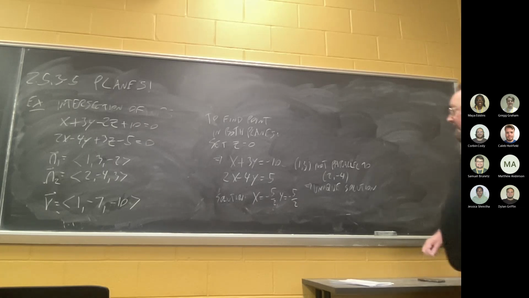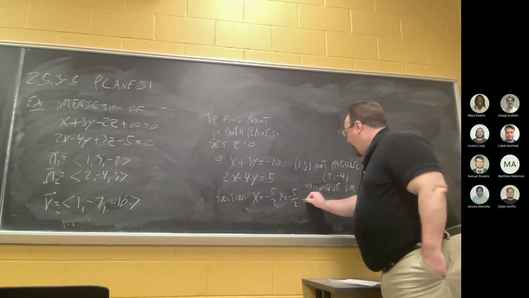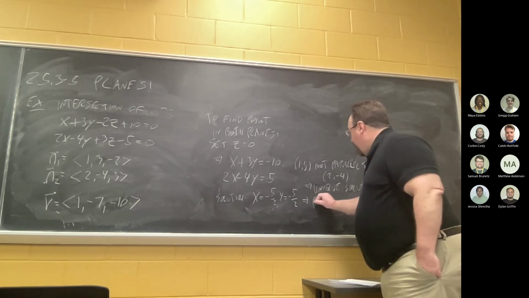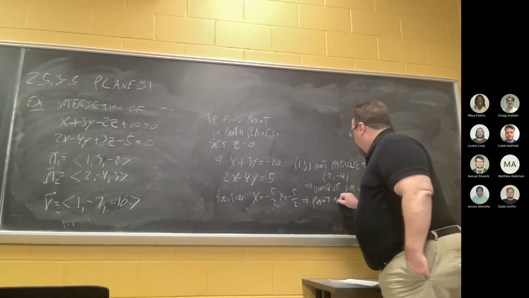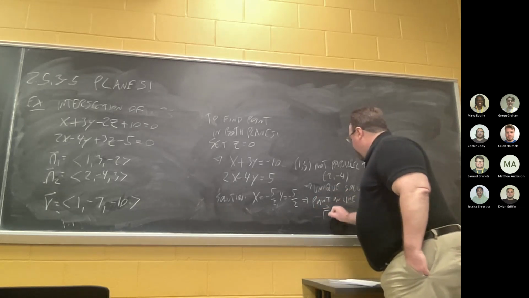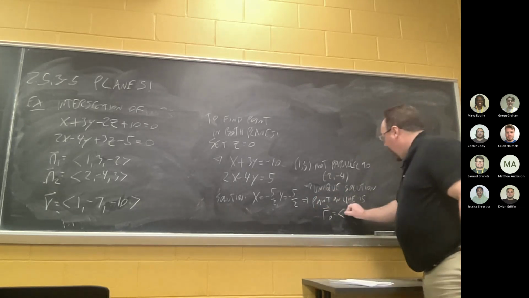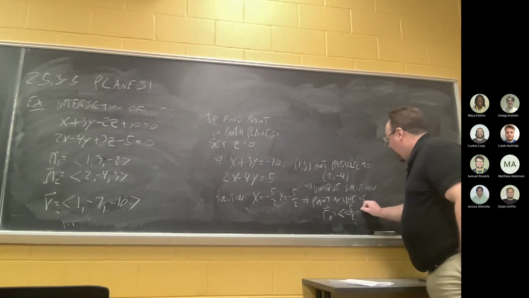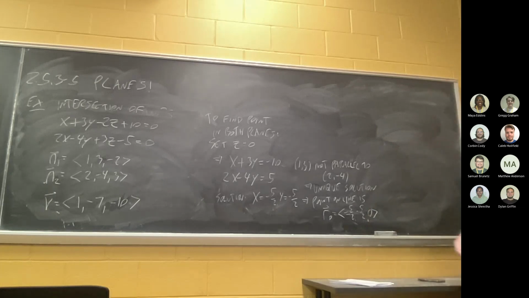So the point on the line is given by vector r0, whose components are -5/2, -5/2, and 0, because we assumed that z equals 0 to get those x and y values.